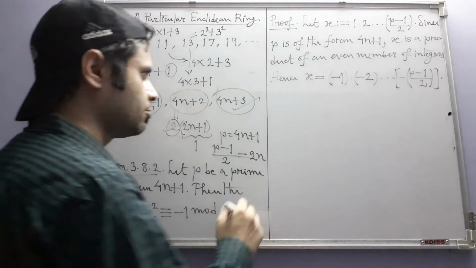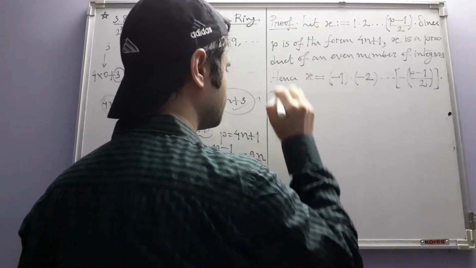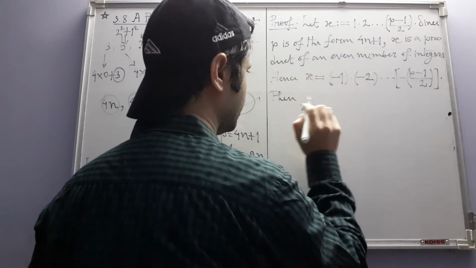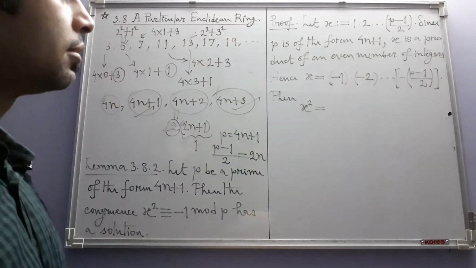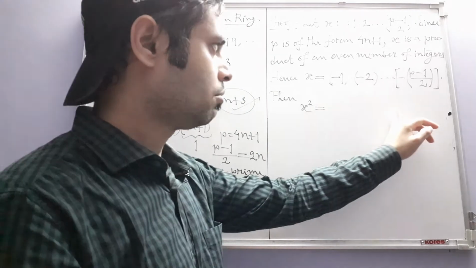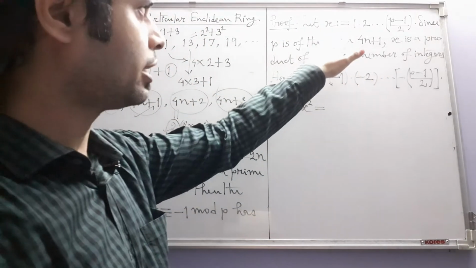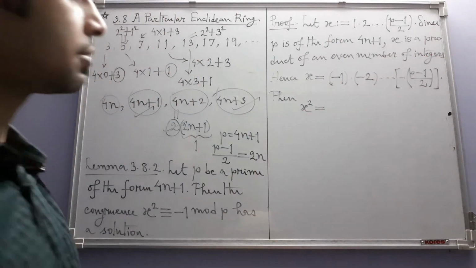Now if we try to calculate x square, x square is actually x times x. For one of those two x's we are going to use this expression, and for the other x we are going to use this expression.